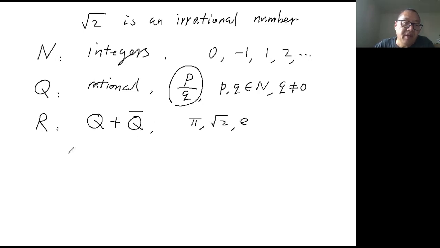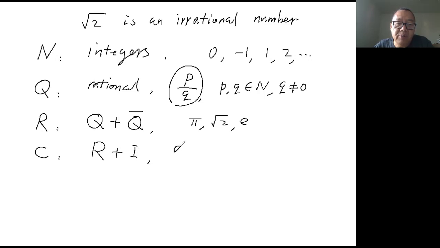Then later, you learn complex numbers. Complex numbers are real numbers plus all the imaginary numbers. Suppose I use i to represent the imaginary unit.